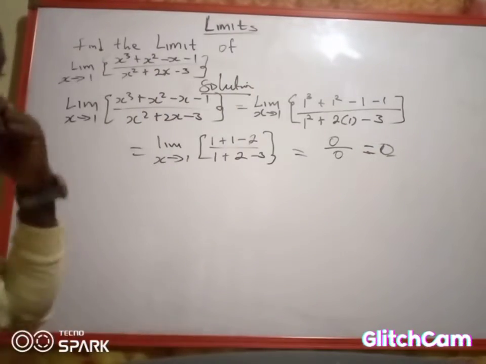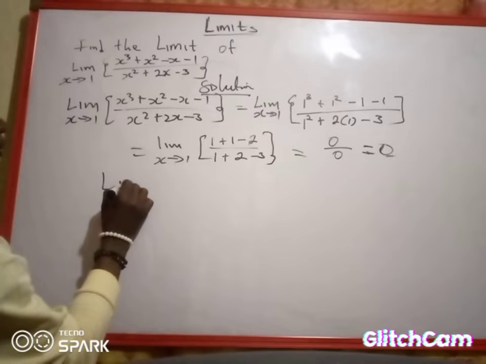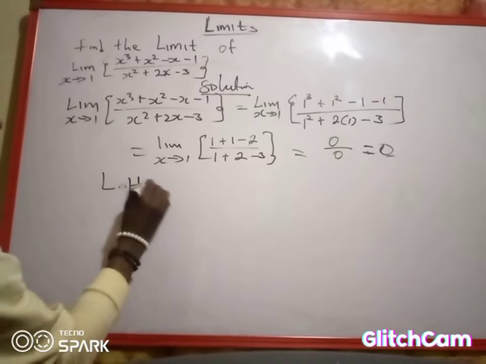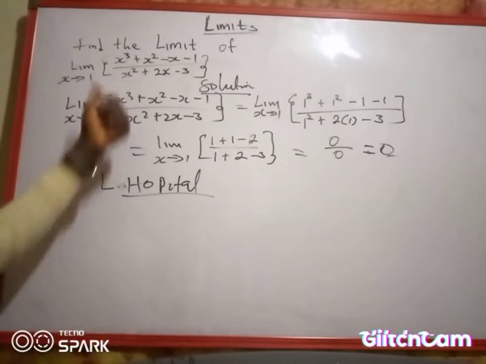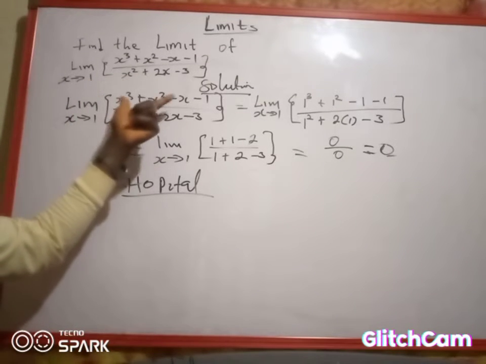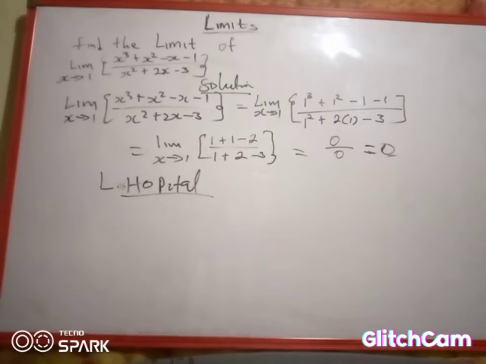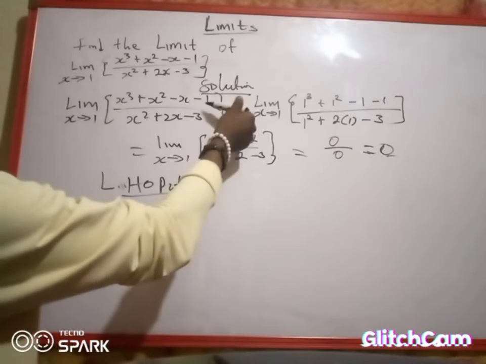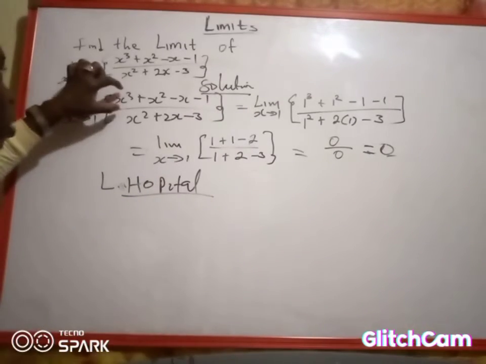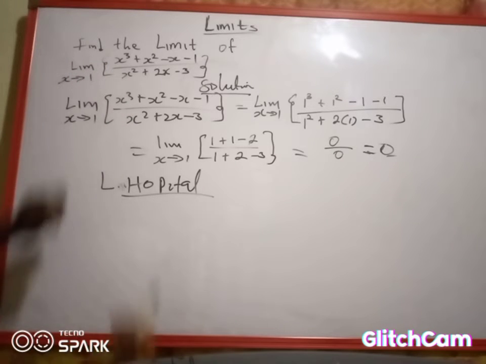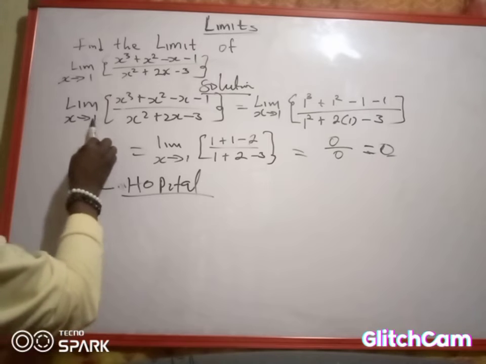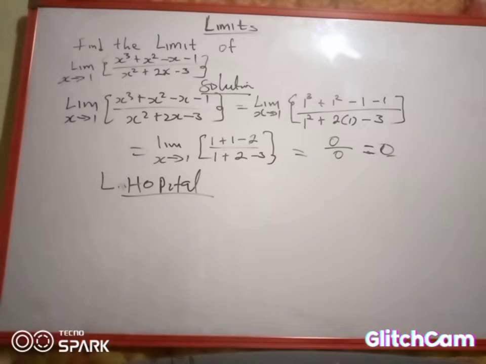So, L'Hopital's rule says that for this function, we should differentiate the numerator separately from the denominator. Then we input our 1, because s approaches 1.